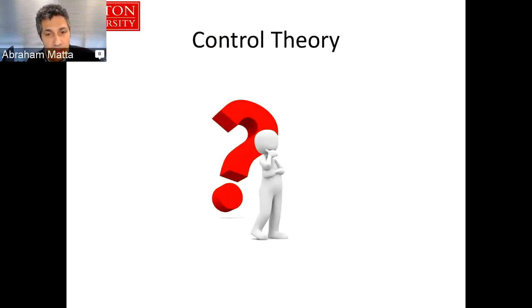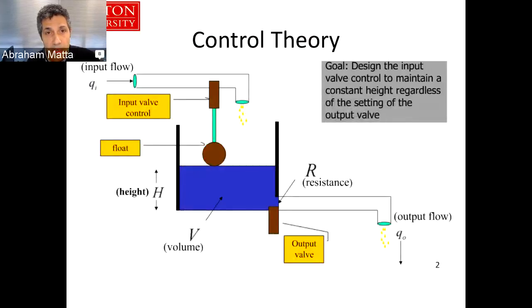I'll start with a few words about control theory. I don't know how many are familiar with it. The general goal of control theory is, given a system, how to control it so that it converges or reaches a desired target operating point.